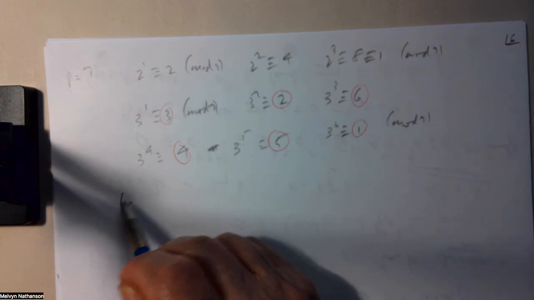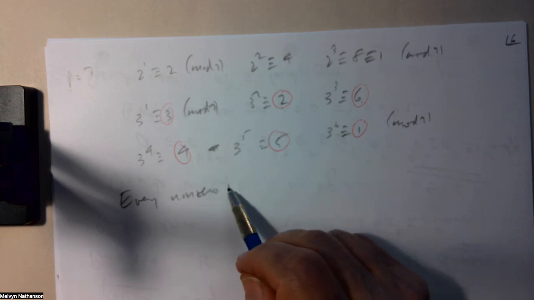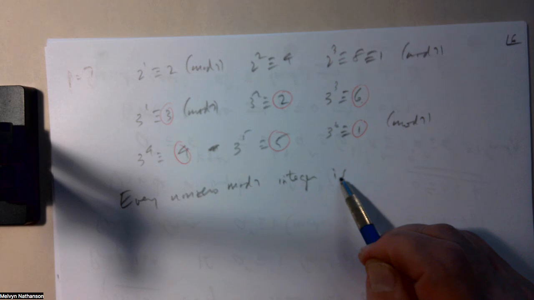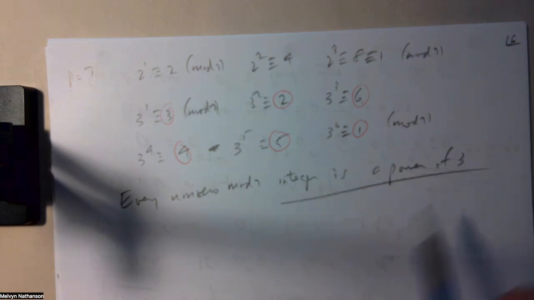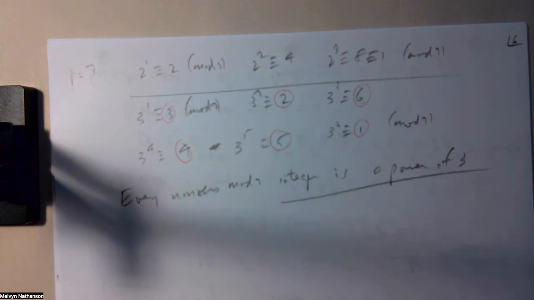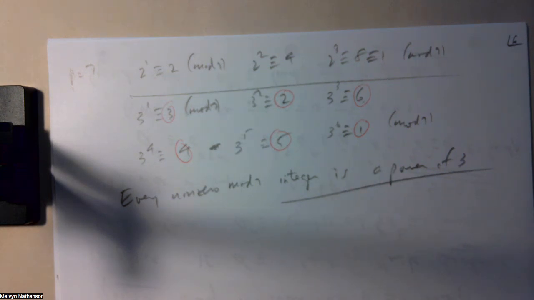So every non-zero integer mod 7 is a power of 3. If you wanted to find all the non-zero congruence classes modulo 7, it's enough just to look at the powers of 3. If you look at the powers of 2, it doesn't work. The powers of 2 only give you 1, 2, and 4. But the powers of 3 give you 1, 2, 3, 4, 5, 6.